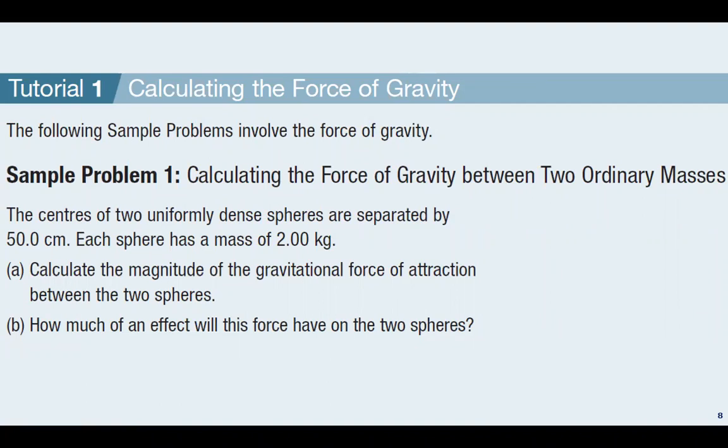The centers of two uniformly dense spheres are separated by 50.0 centimeters. Each sphere has a mass of 2.00 kilograms. There are two questions you need to answer. First, calculate the magnitude of the gravitational force of attraction between the two spheres. Then how much of an effect will this force have on the two spheres?